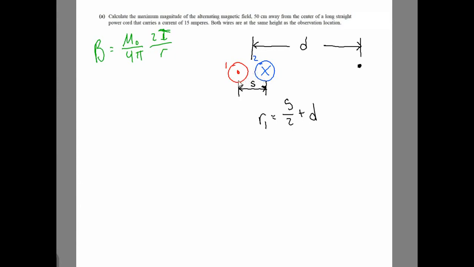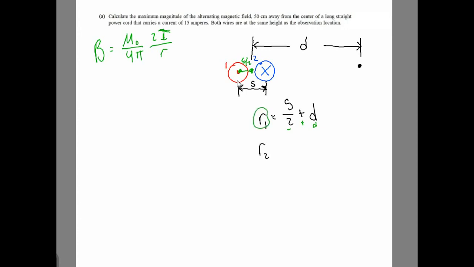So from here to here is S divided by 2, so S divided by 2 plus D is equal to R1.